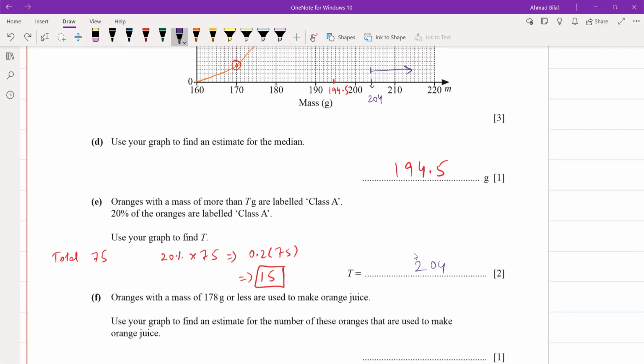What is 20% of 75? 20% of 75 is 15. So this is the first thing that you figure out. There are 15 oranges that are going to be classified as that.